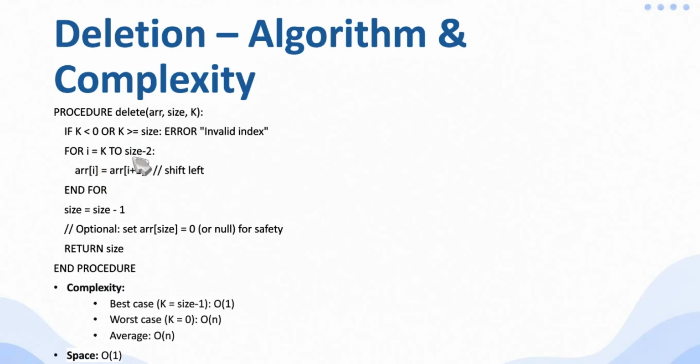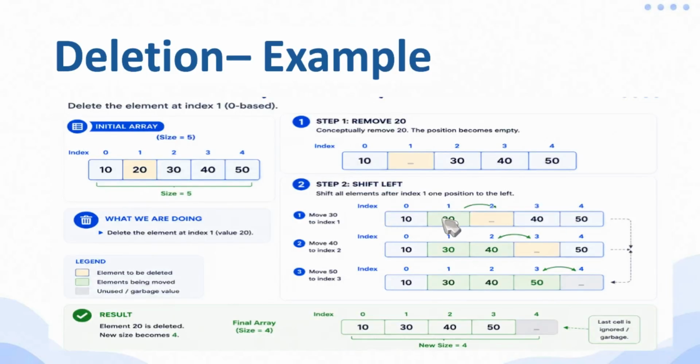For i equals k to size minus 2. So what we need here, if we delete an element, we have to shift those elements to the left, right? So in here also, the element 30's index becomes 1, right?